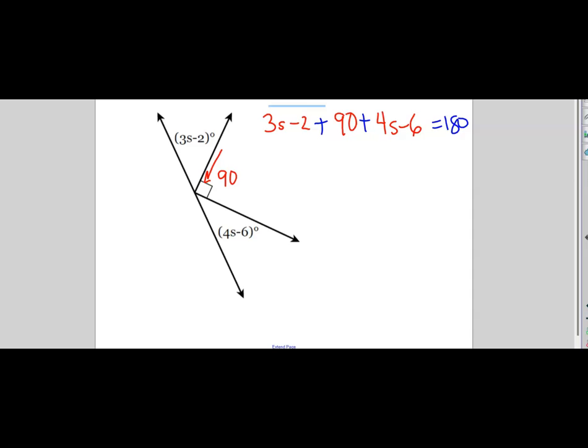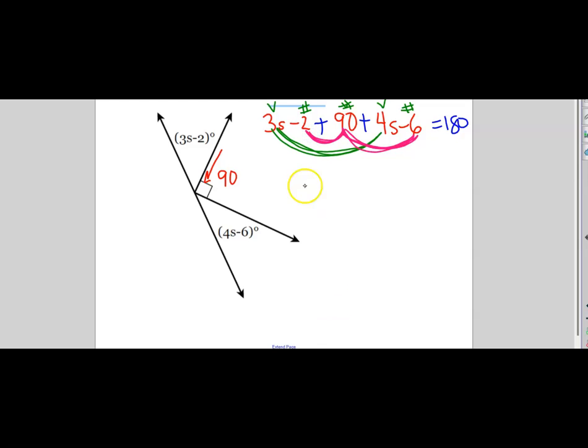Now we talked about this in class. You can't have more than two terms, so we have a variable term, a number term, a number term, a variable term, another number term. So we want to simplify this or shrink this down. I'm going to combine the terms that are alike. These are my two variable terms, and these three, 1, 2, 3, are my constant terms.